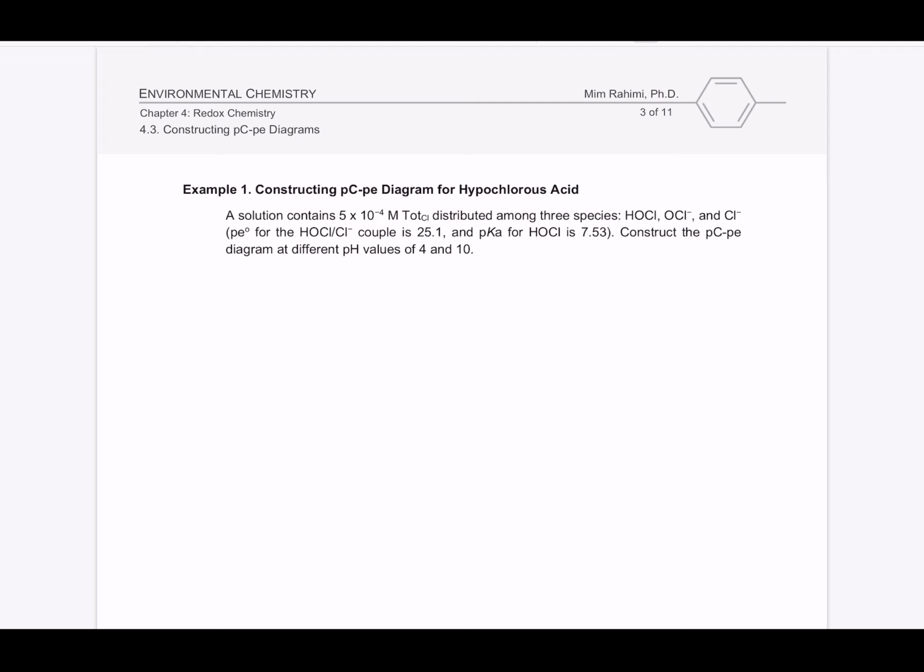So obviously this example is pH dependent. And we're doing it for 2 different pH, 4 and 10. See, acidic pH, basic pH. So the diagram for this case would be HOCl as the main species. So we get, it could go to Cl minus through a redox.